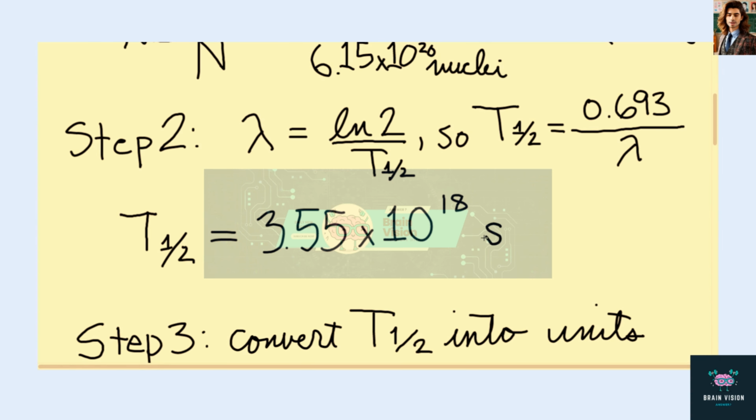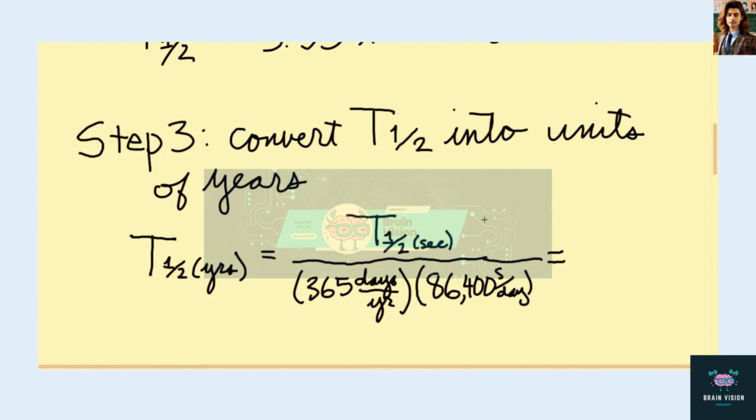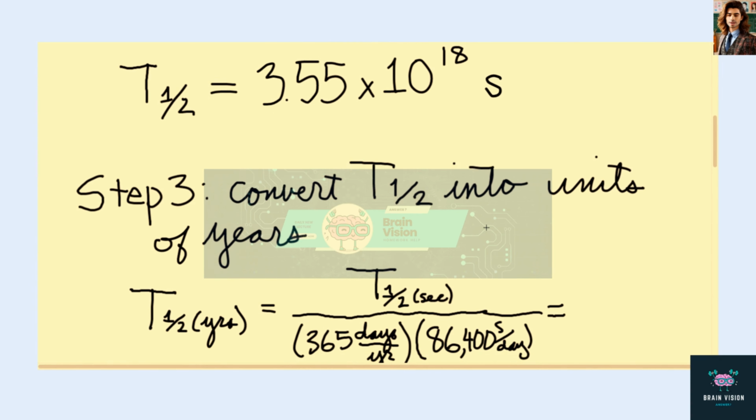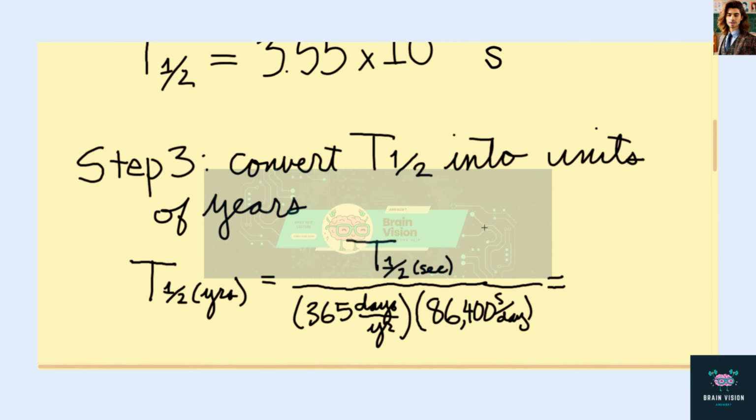Seconds. That is a big number, so it'd probably be a little less unwieldy to convert it to years. To convert seconds into years, we have to find out how many seconds there are in a year and divide by that number. I do it as follows. There are 365 days in a year, and there are 86,400 seconds in a day.